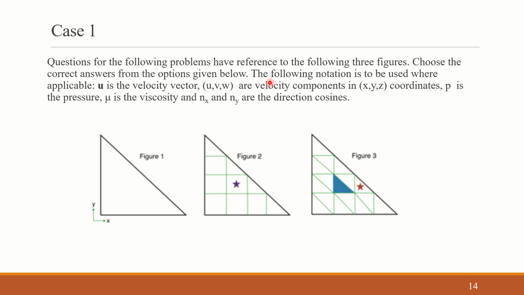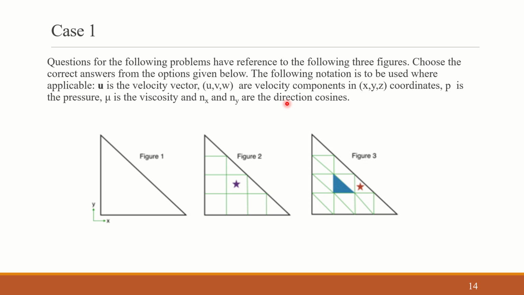The following notation is to be used wherever applicable: U is the velocity vector, and U, V, W are velocity components in the XYZ directions. P is the pressure, mu is the viscosity, Nx and Ny are direction cosines. So I hope it is clear.